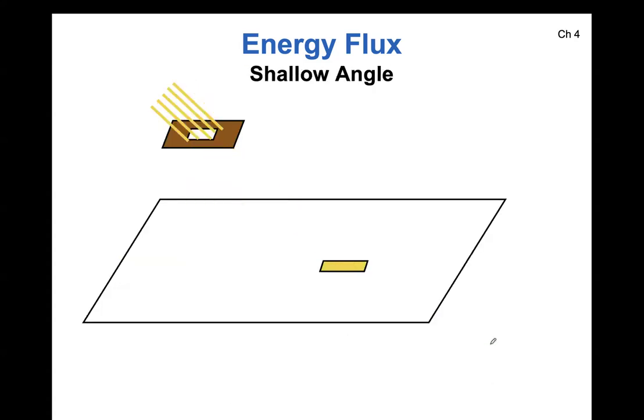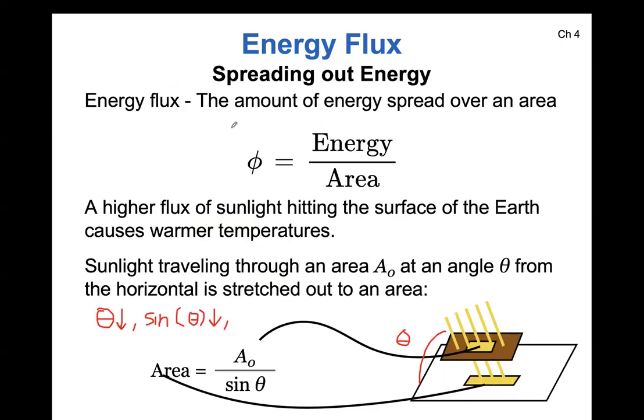If you remember, A naught was initially defined right here, and they showed it as this aperture, this opening above the surface. That's why I say it might as well be in outer space. It's just a fixed amount of light from the source. So that was the different angles. A naught cannot change. It's meant to be a constant. So finally we have a decreasing value in the denominator, therefore the area is increasing.